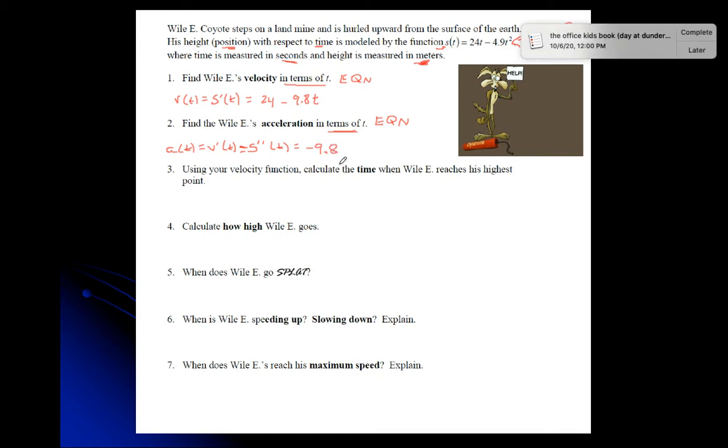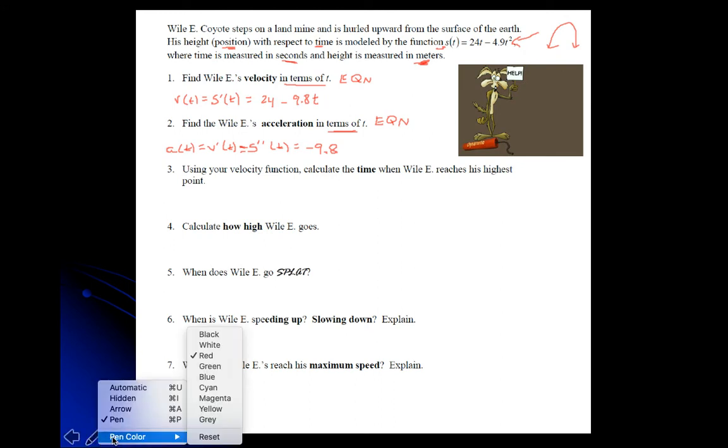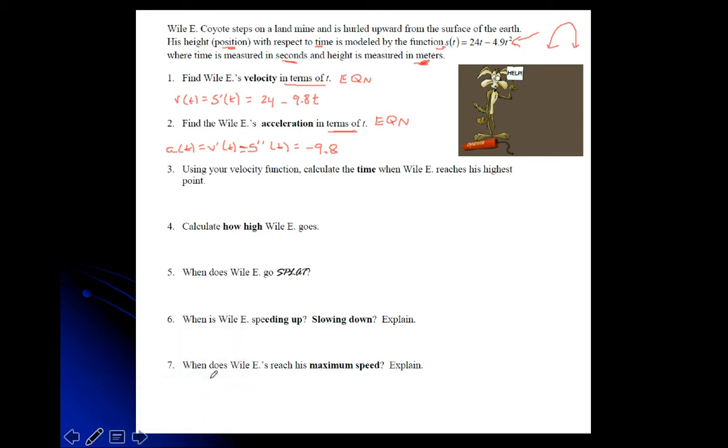Now, I did not put units on there. So if they give you units, you must give them units back. It is unlikely that they will take points off an equation, but it's just a good habit to get into.